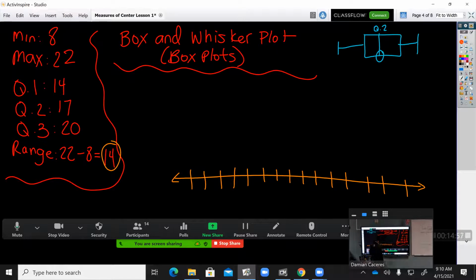So Q2 is 17. That means the line in the middle must be 17. So we put a number 17 on there and put our first line. Now, just to be safe, let's number the rest of the graph. 18, 19, 20, 21, 22, 23.